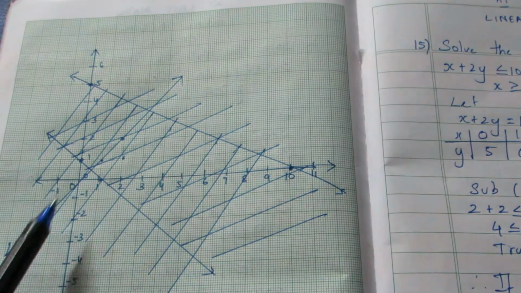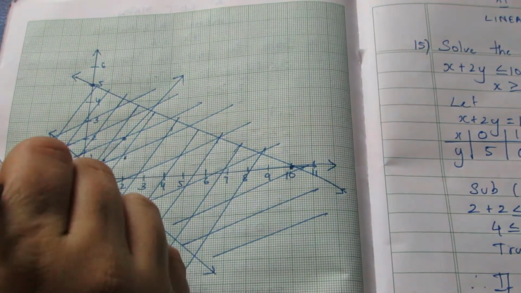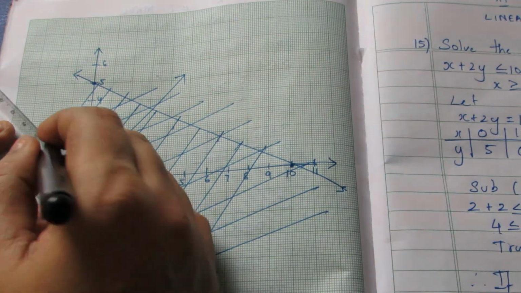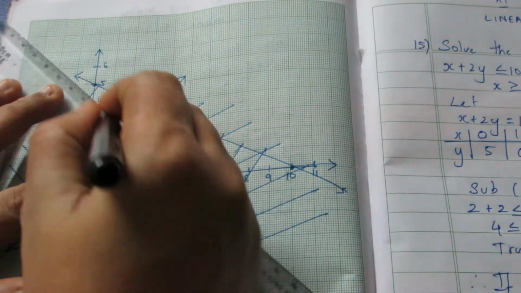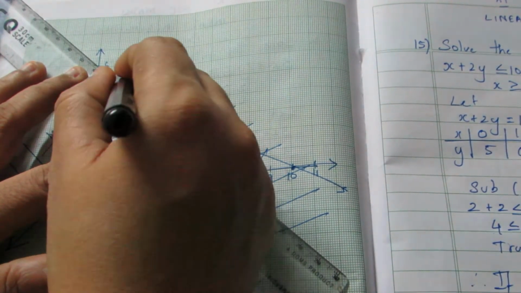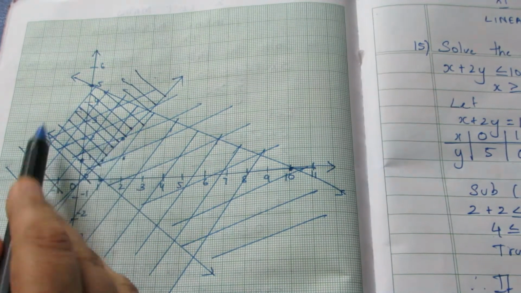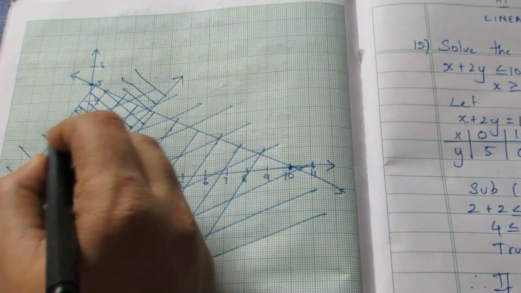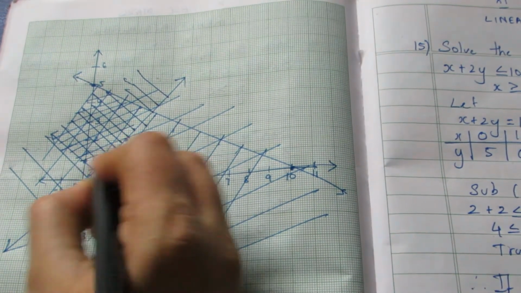This is away from the point, means this will be on this side. So this is false, so it should be away from the point. This is the common shading region we are having in this side. This is the area, it's the common shaded region, because all the three travel here. So this is the common shaded region.